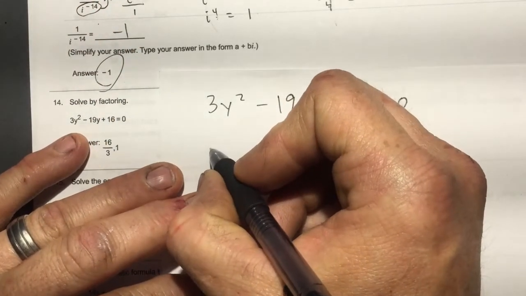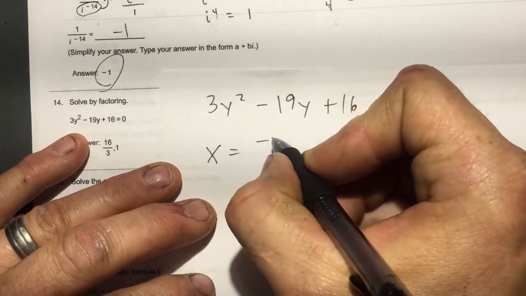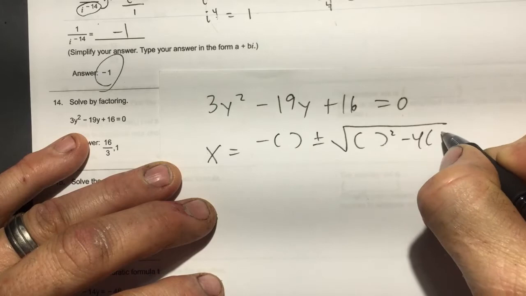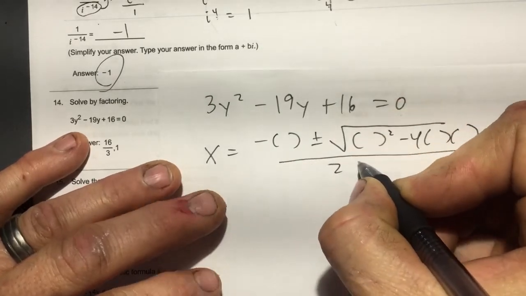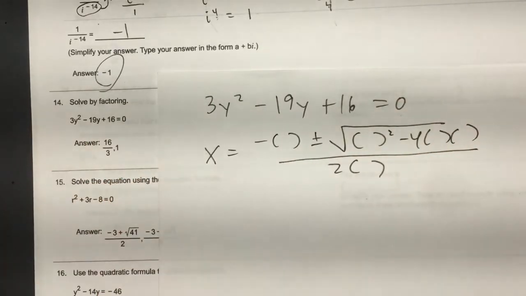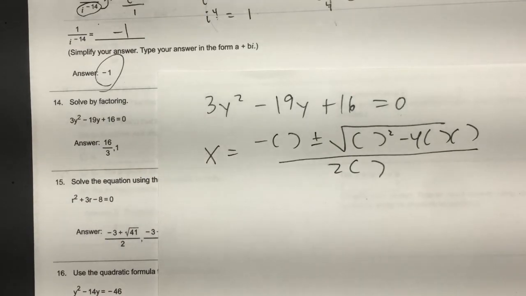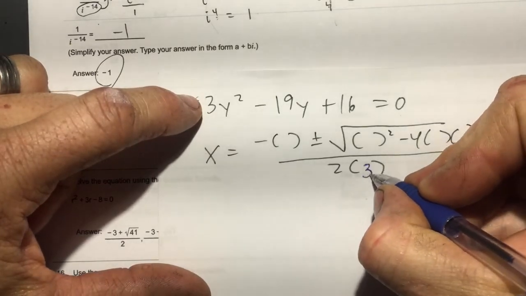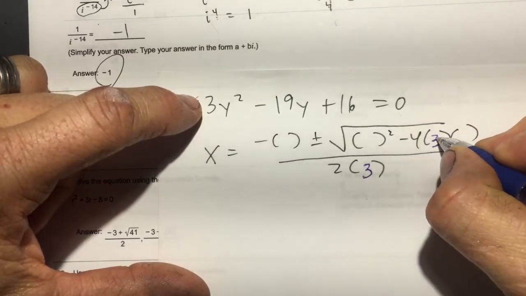So, quadratic formula. x equals negative b plus or minus the square root of b squared minus 4ac, all over 2a. Now we're going to put in our values. Our a is 3, goes here and here.